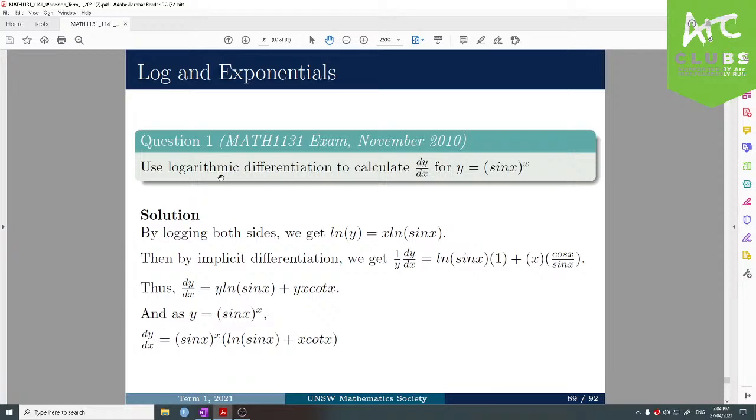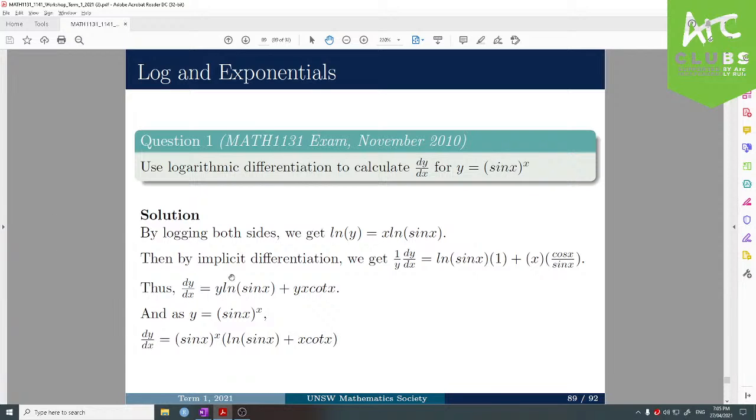Okay. It says, use log differentiation to calculate dy/dx when y equals sin x to the power of x. Okay, so in this case we're going to be applying log rules and also log differentiation, right? So by logging both sides, we'll end up with ln y equals x ln sin x, right? So by log rules, I can bring this x down to the front as a coefficient.